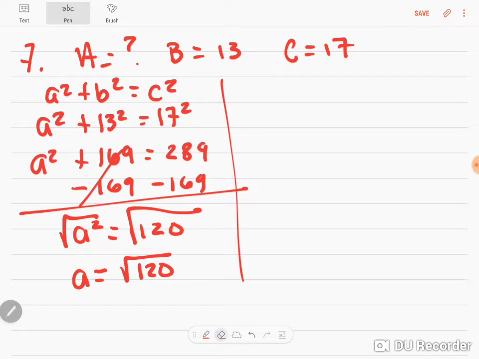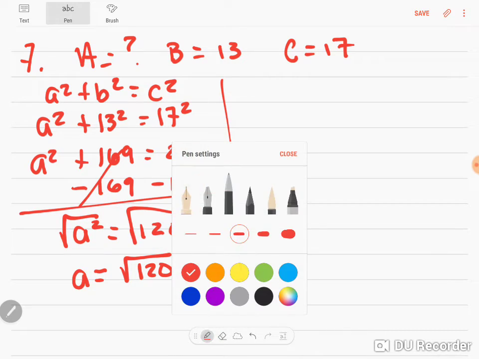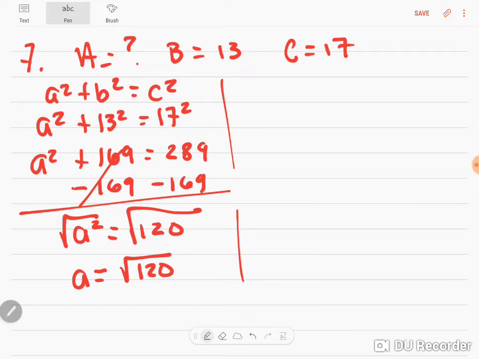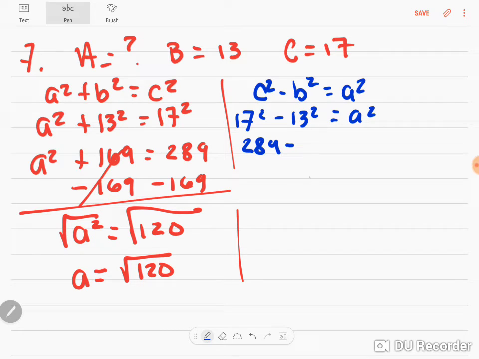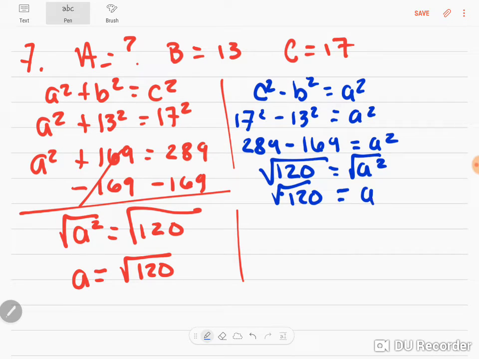Or I can do C squared minus B squared is equal to A squared. 17 squared minus 13 squared is equal to A squared. 17 squared is 289 minus 169 is equal to A squared. 120 is equal to A squared. Take the square root of both sides. The square root of 120 is equal to A.